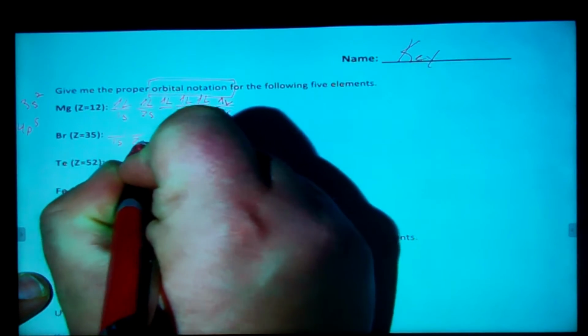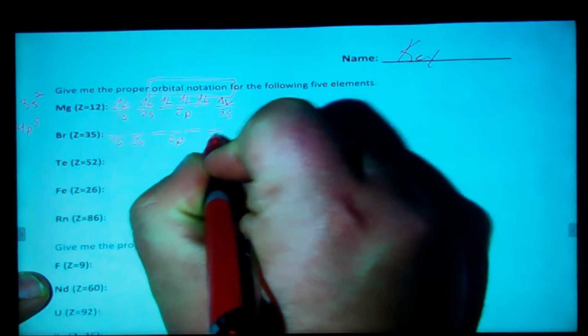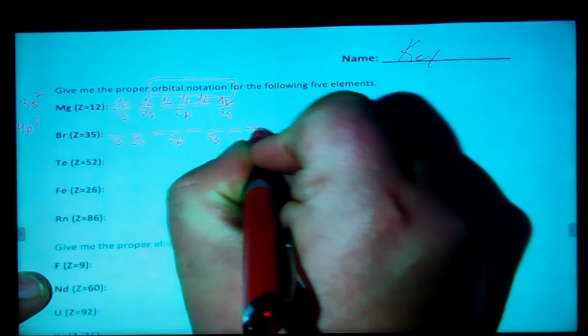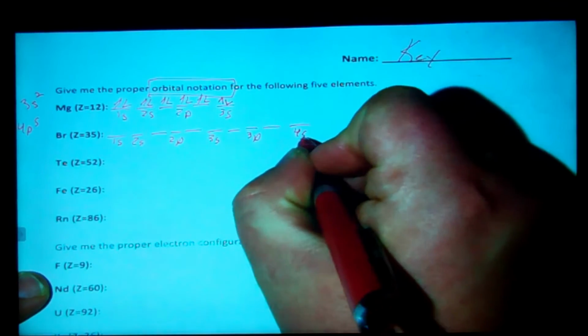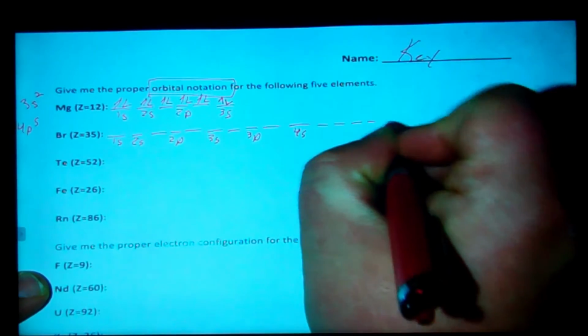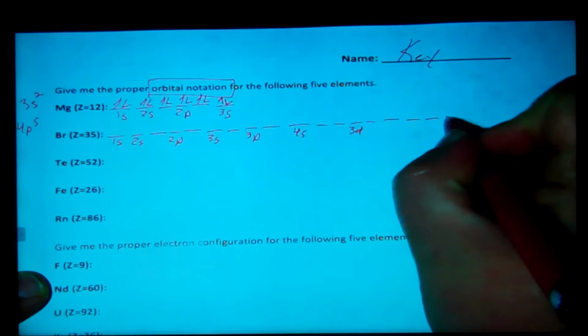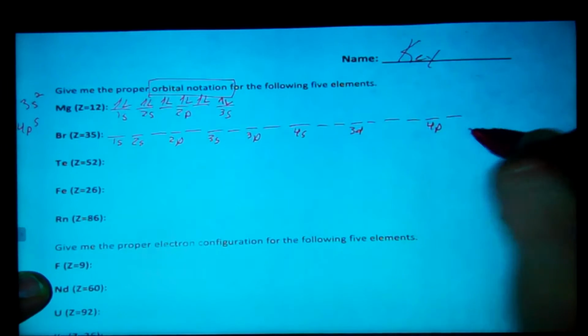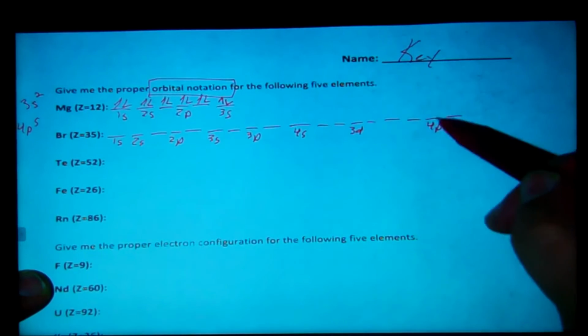1s, 2s, 2p, 3s, 3p, 4s, 3d, 4p. And remember, whenever you're labeling these, label in the middle.